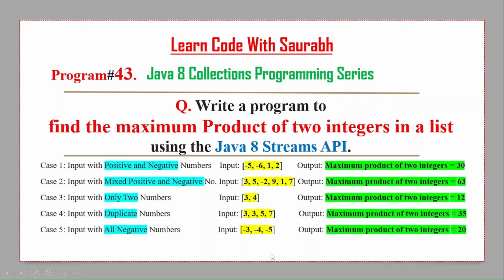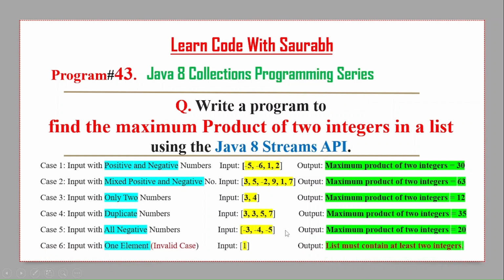Minus 4 and minus 5 are the maximum negative values, and when we multiply minus 4 by minus 5, it gives a positive value. So the maximum product of two integers is 20.